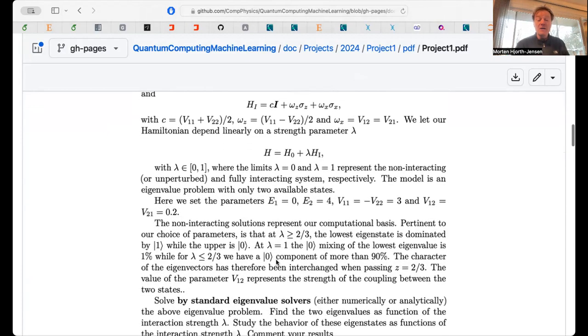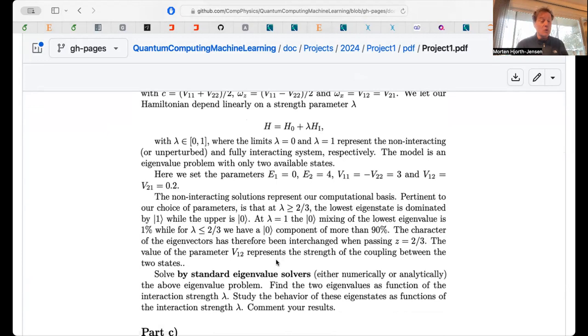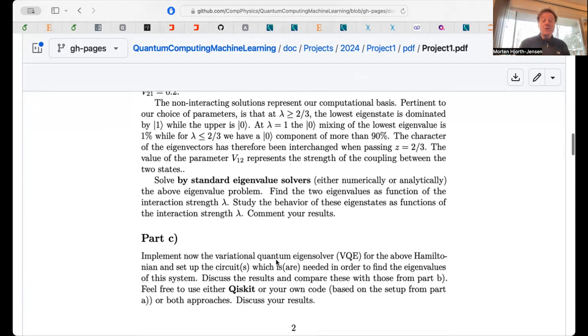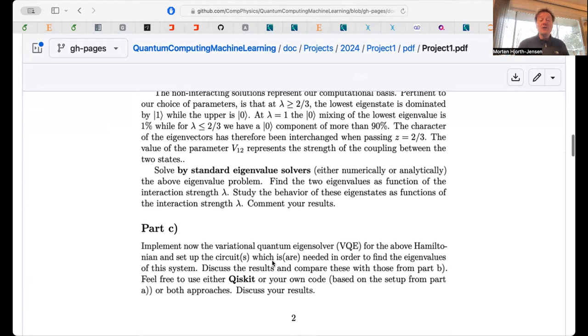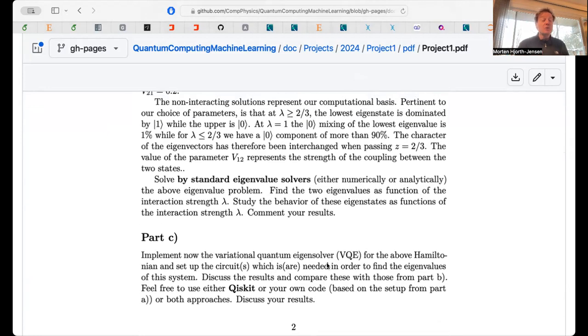When you've done that, we can solve these equations numerically with standard eigenvalue solvers. And when you're done with that, we can then move over and simulate that with something called the variational quantum eigensolver.